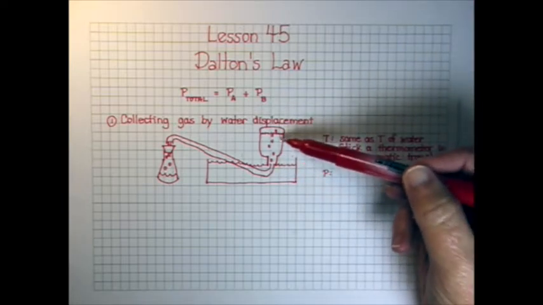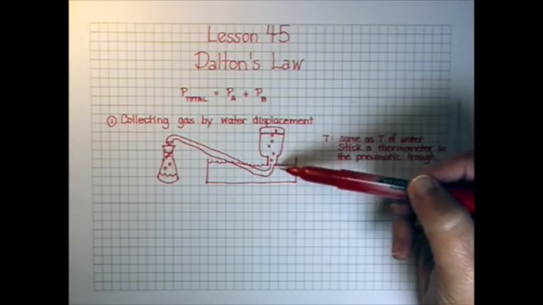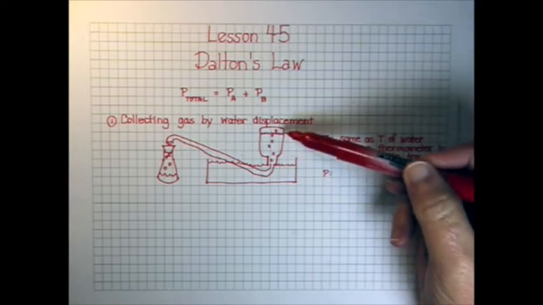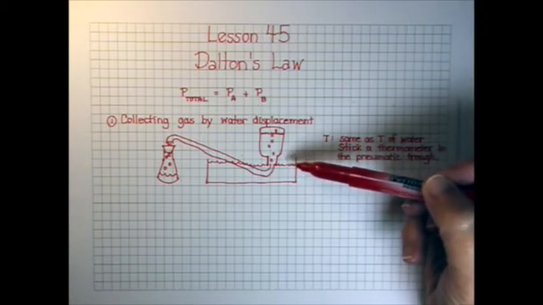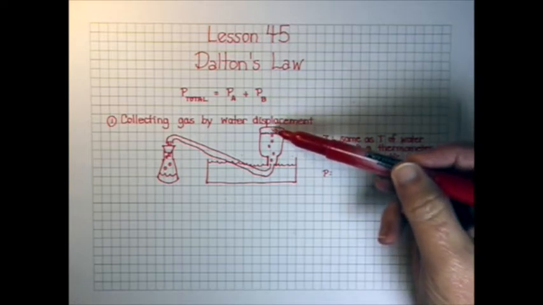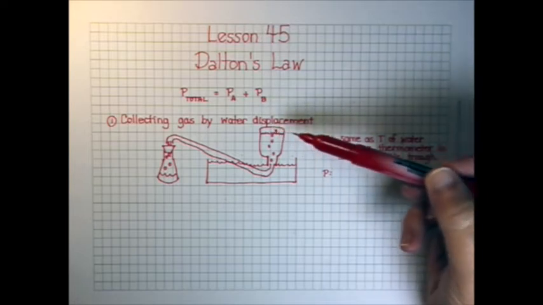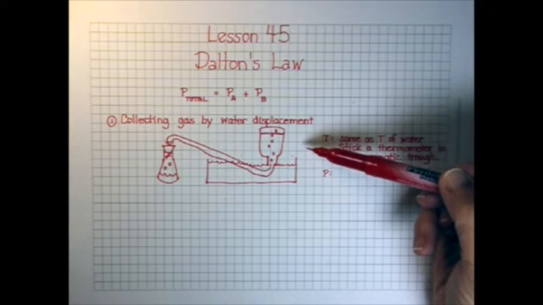If we push this collecting bottle down into the pneumatic trough until the water level inside the bottle is equal to the water level outside the bottle, then the pressure of the gas inside the bottle will be the same as the pressure out in the lab.